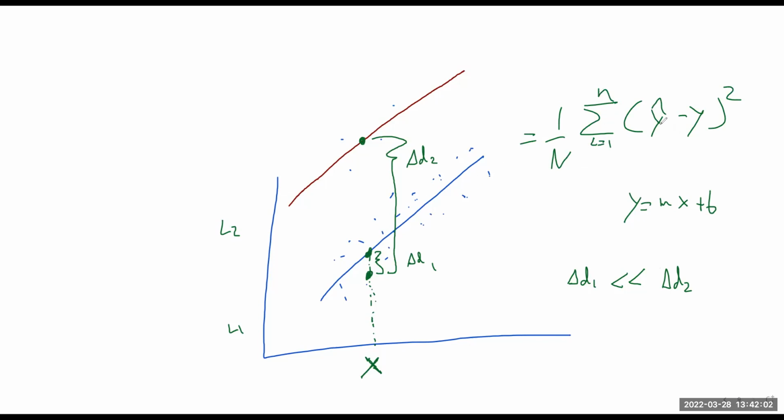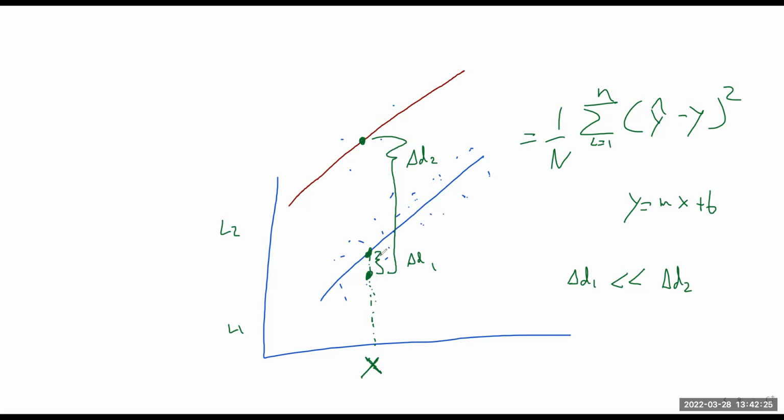If this y hat is this point, then this y is the real point. So that's the difference. Why do we square it? To get rid of the sign, right? Because some values will be on the other side of the line, negative or positive, and that would cancel each other out. By squaring it, we get rid of the negative, and we just know distance.